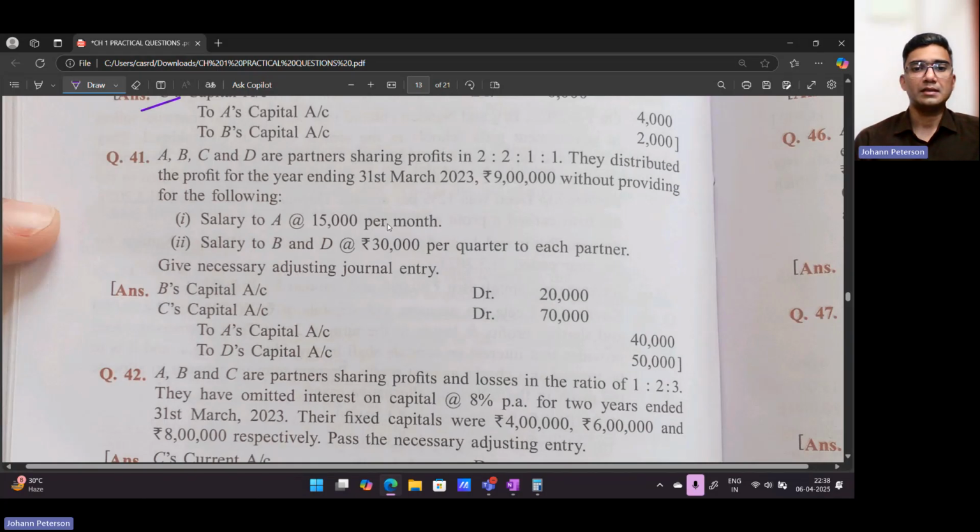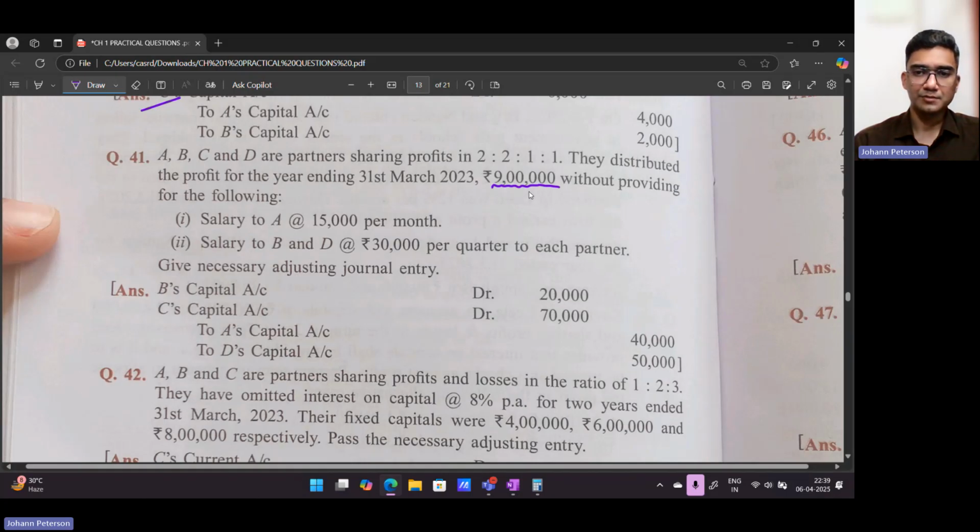So again, it's a similar question, but over here we have been told the net profit, unlike in the first question. So what will we do first? Since these have not been given, and also the profit for the year, which was this 9 lakh, was distributed without providing this, first we will take back this profit.